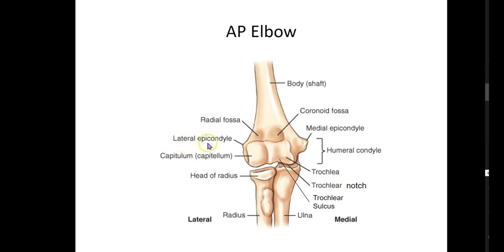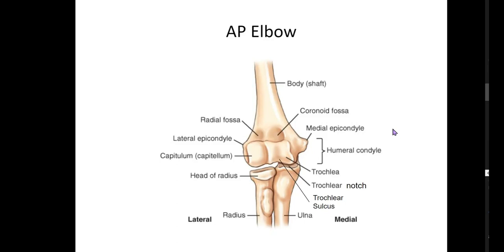The lateral epicondyle is smaller and of course found on the lateral aspect of the distal humerus, and it's actually located kind of right above the capitulum. The medial epicondyle is much larger and more prominent than the lateral epicondyle, and you can feel the medial epicondyle when you feel the medial aspect of your elbow joint.